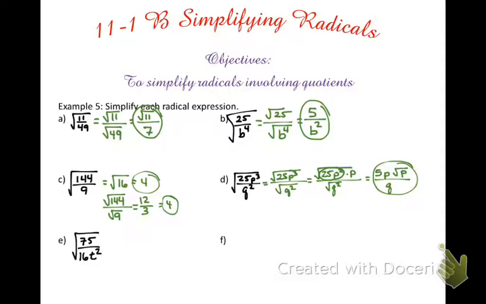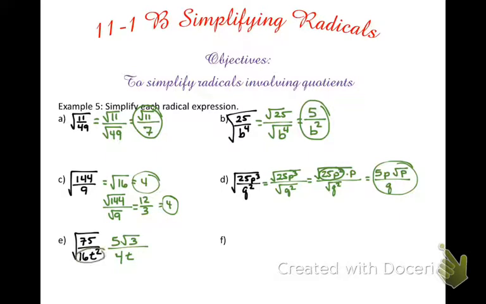All right. E. I'd like you to try it on your own and see what you come up with. Put me on pause and try it out. All right, so the answer is 5 square root of 3 over 4t. I could break up 75 and I could break up 16t squared.